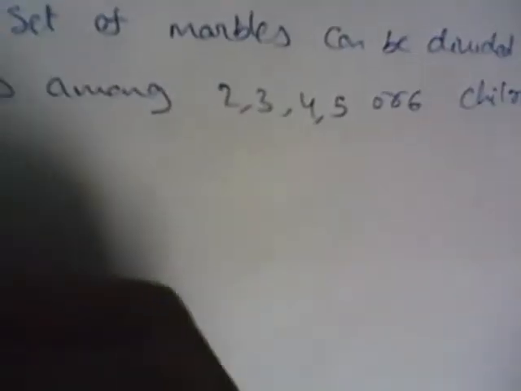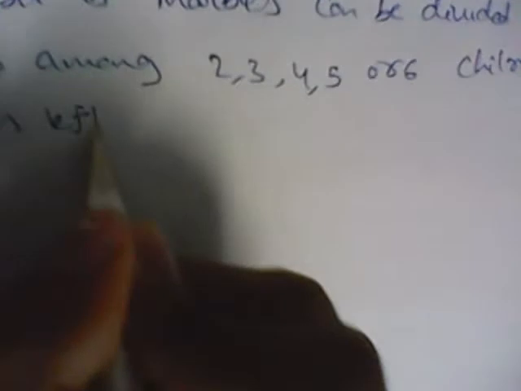So the first sum is: a set of marbles can be divided in equal shares among 2, 3, 4, 5 or 6 children with no marbles left over.